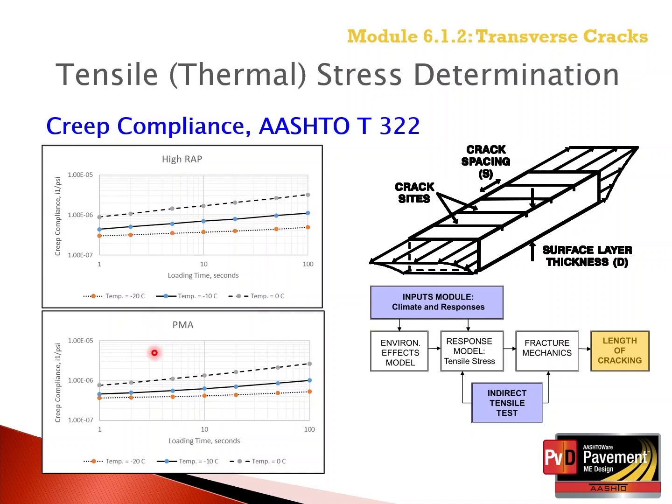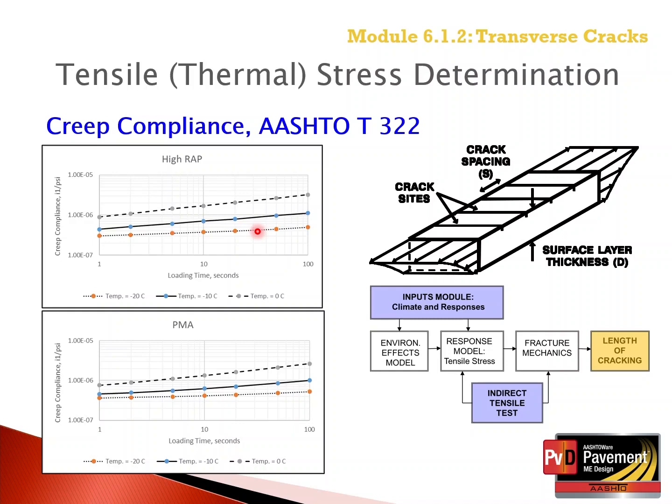Both show creep compliance as a function of loading time at three different temperatures that are used in the program: 0 degrees centigrade, minus 10 degrees centigrade, and minus 30 degrees centigrade. The reference temperature used to determine the creep compliance master curve is minus 20 degrees centigrade.